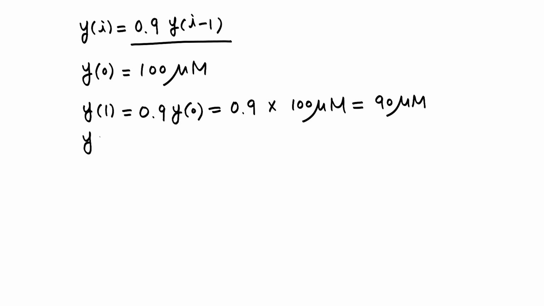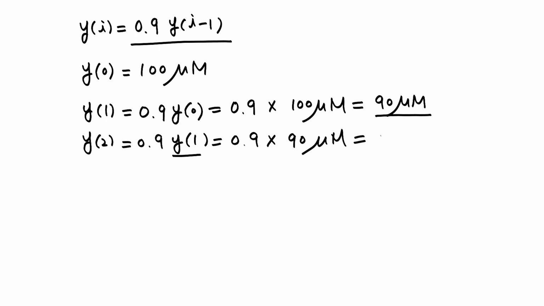And how about y of 2? It is 0.9 times y of 1, which is 0.9 times 90 micromolar. So we get 81 micromolar, and so on. Okay, so this is when p sub y is 0.9.